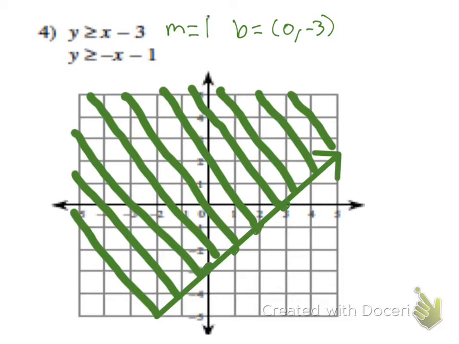Alright, next line. My slope is -1. And my y-intercept is -1. Plot my y-intercept. My slope is -1, so I'm down 1, right 1. Down 1, right 1.